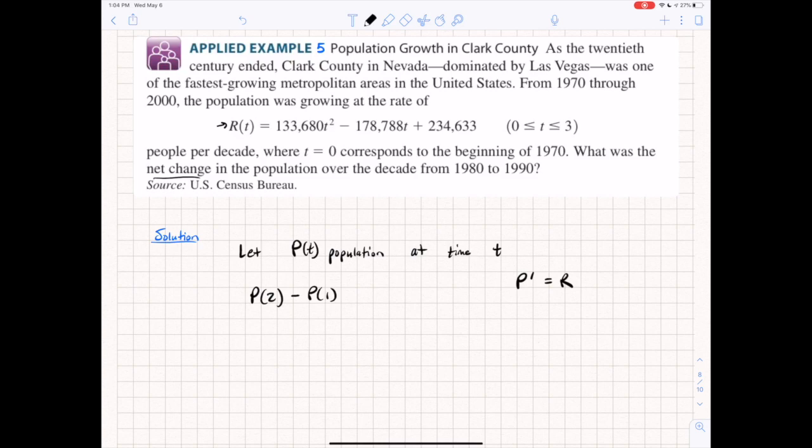So p of 2 minus p of 1, that's the antiderivative. Look at it as the capital F in the Fundamental Theorem of Calculus Part 2. That net change is equal to the integral from 1 to 2 of r of t dt.